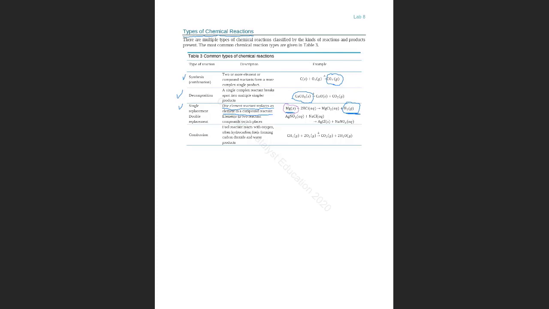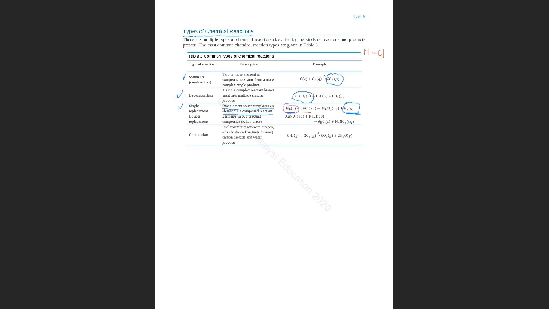In order to confirm, how do you do it? Look at the hydrochloric acid here on the reactant side. The hydrogen is bound to the chloride, right? It's not free. But on the product side, it is free.